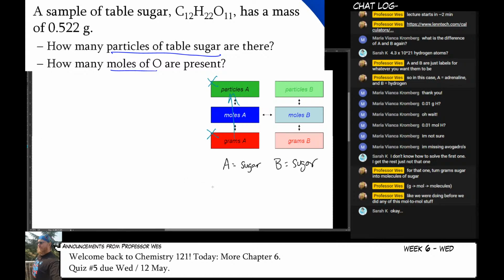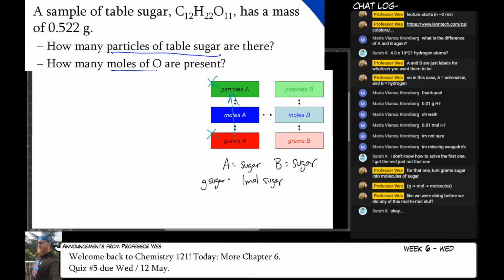There's some number of grams of sugar in a mole of sugar. We can look that up on Lentech. There it is. 342.30 is what I got.